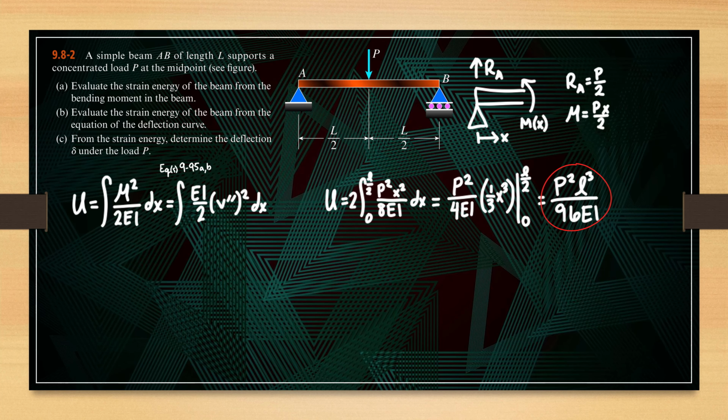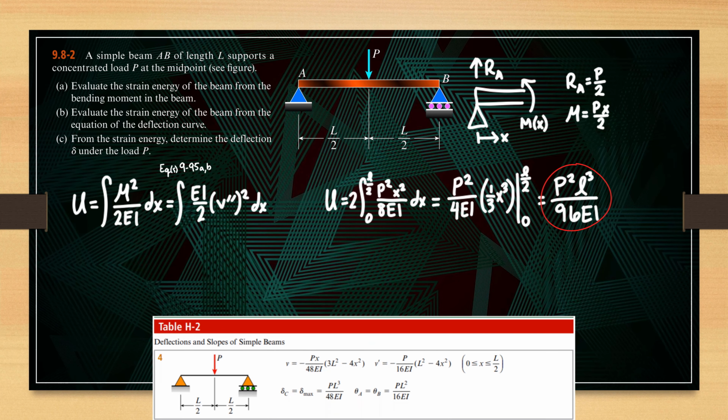Next, for my strain energy from the deflection curve, I can look at the back of the book in the appendix, table H2, situation 4, which conveniently is exactly this problem. It has a v' equation, but our deflection curve, so our v'', which is specifically what we're looking for because that's what's in our equation, it doesn't have.